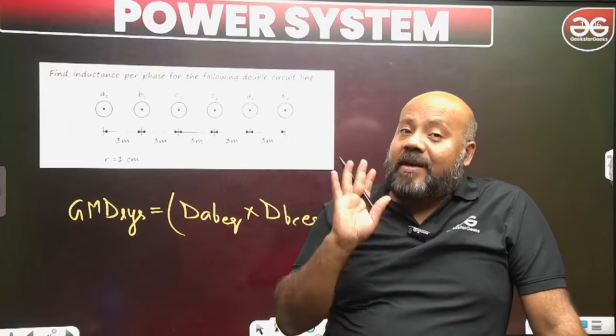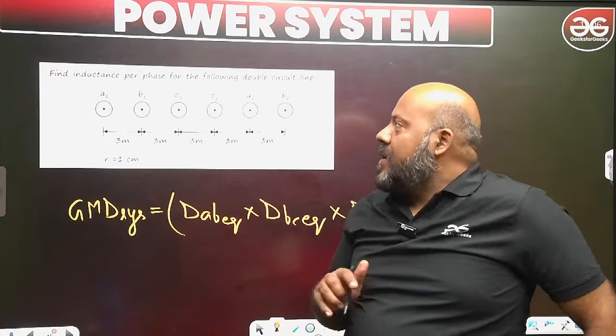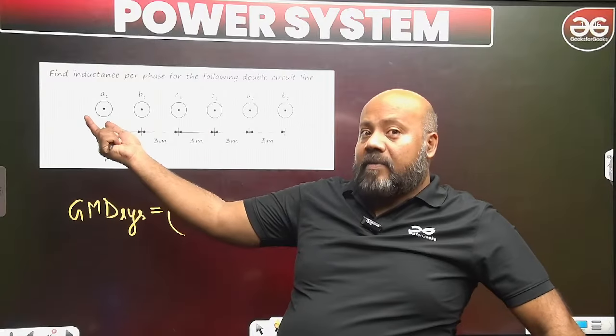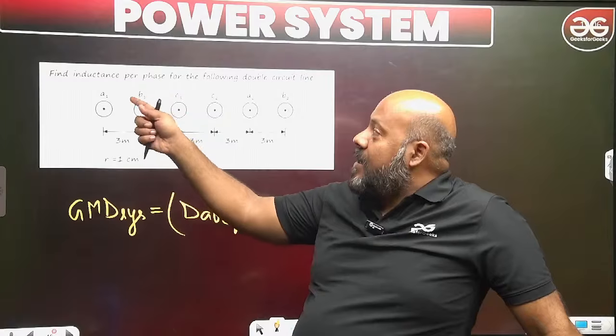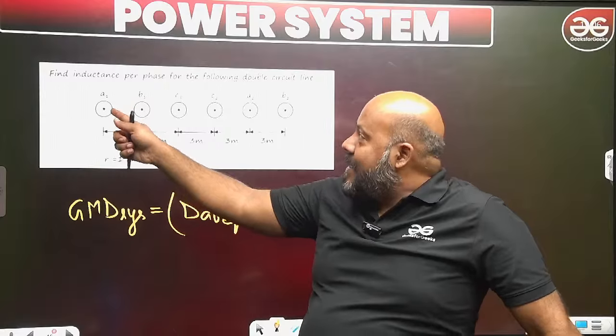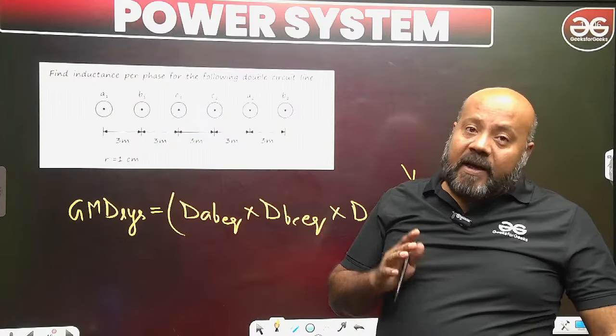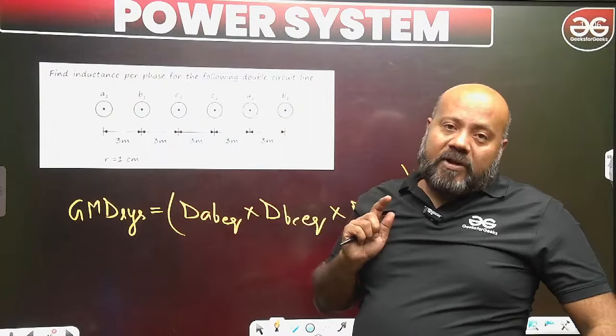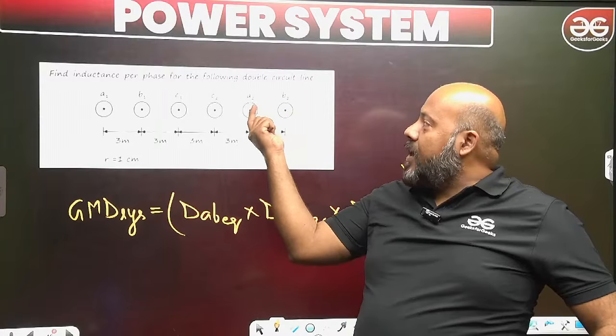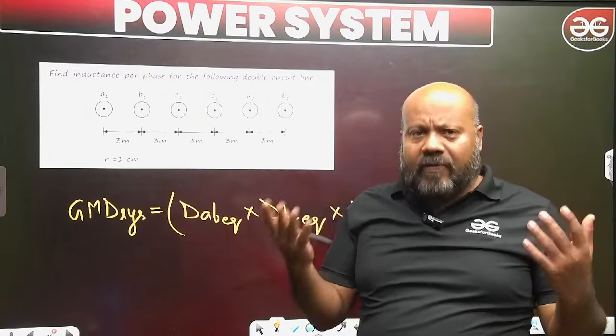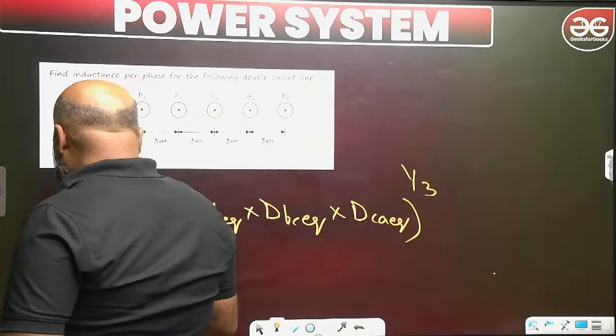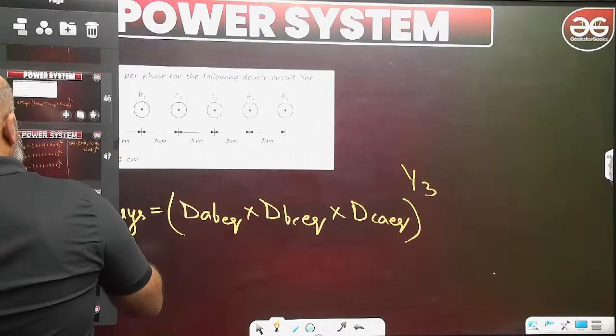So whether you calculate GMR A1, because what is GMR A1? Effective radius of A1 and the distance between A1 and A2. Similarly, for GMR A2, the effective radius of A2 and the distance between A2 and A1.